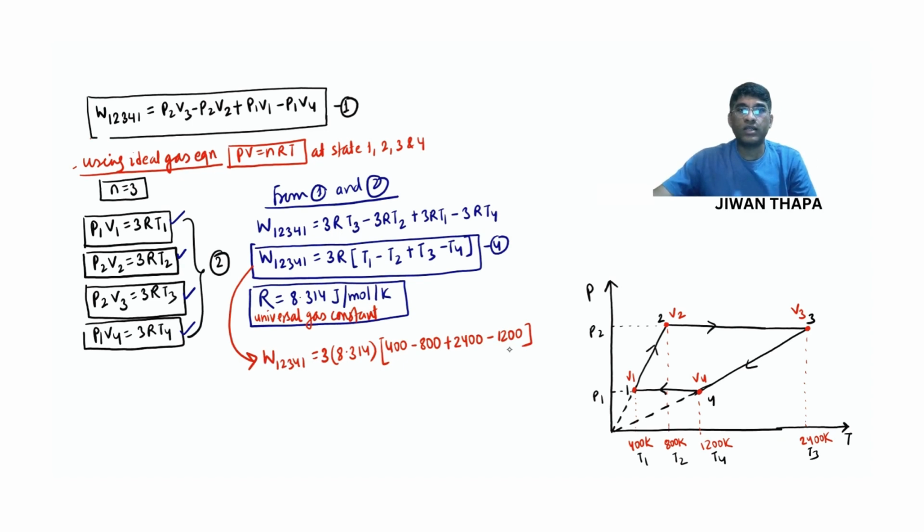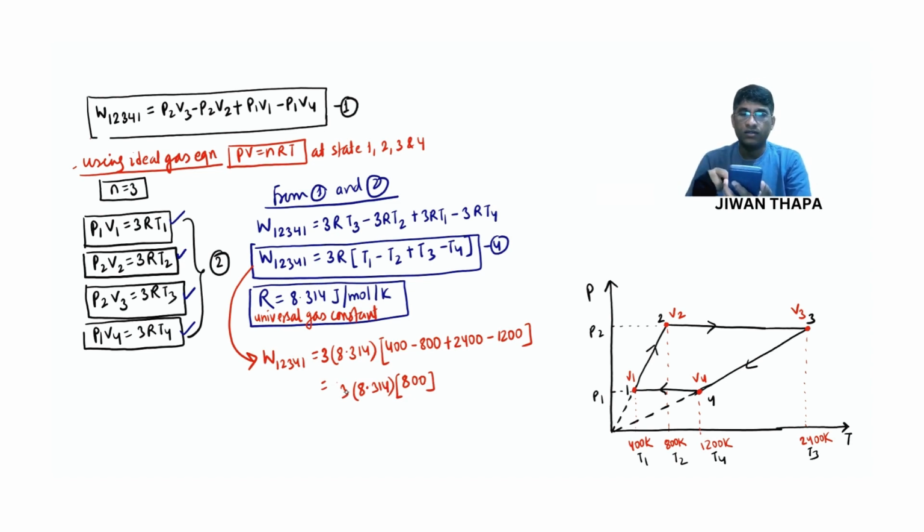So let us find this. We get 800 times 8.314 times 3.